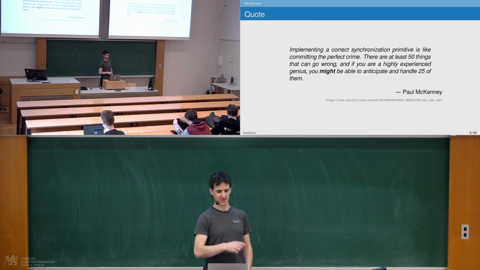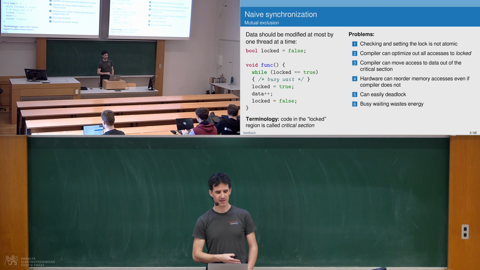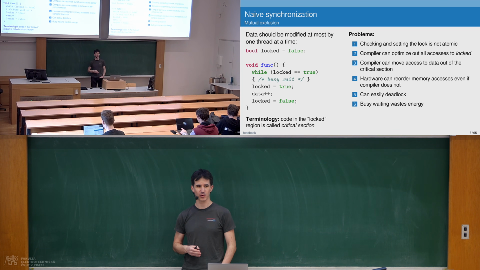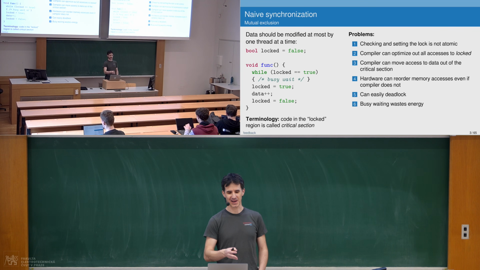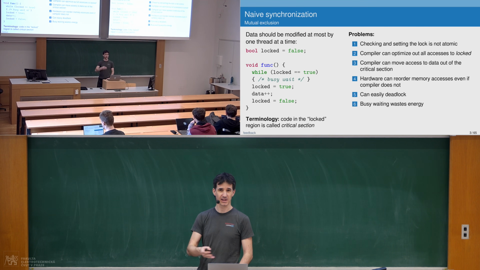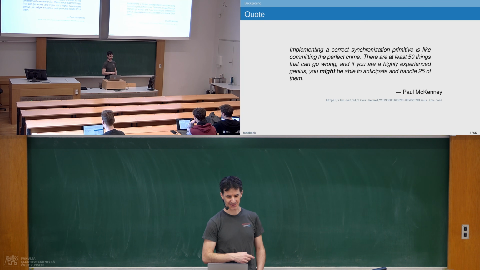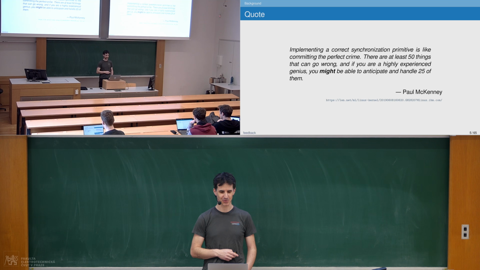Now, here I mentioned just 6 of those problems, so there are 19 more that I didn't mention here, which a mortal person is able to fix, and then there are 25 more which even a mortal person is not able to handle correctly.